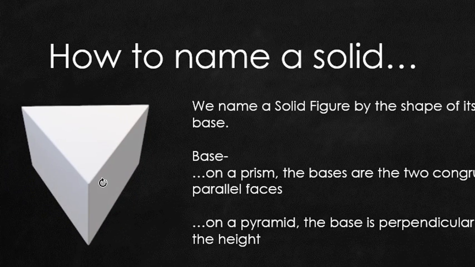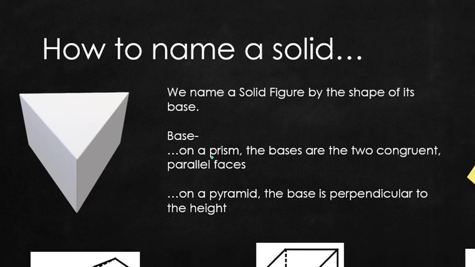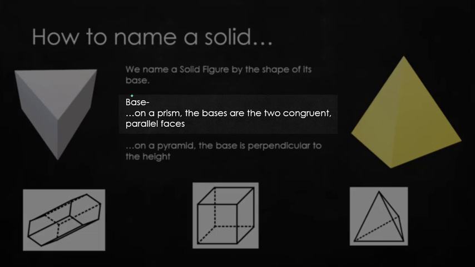And there's a difference between a prism and a pyramid. So first, let's discuss the difference between a prism and a pyramid. Prisms have two congruent bases and they are parallel, and that's really, really important.